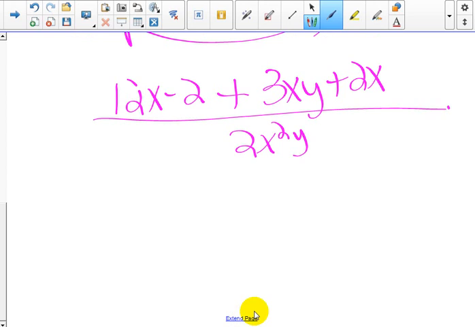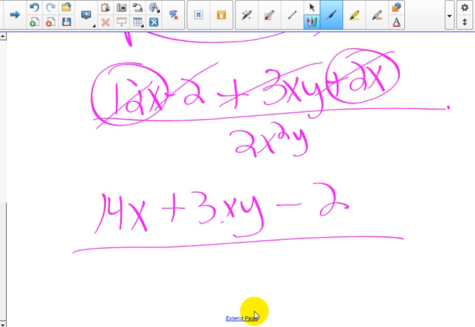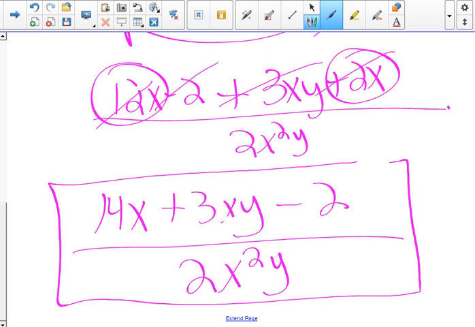On the numerator, I've got a 12x and a 2x. So those add up to be 14x. And then my next term would be 3xy minus 2 all over 2x squared y. Okay.